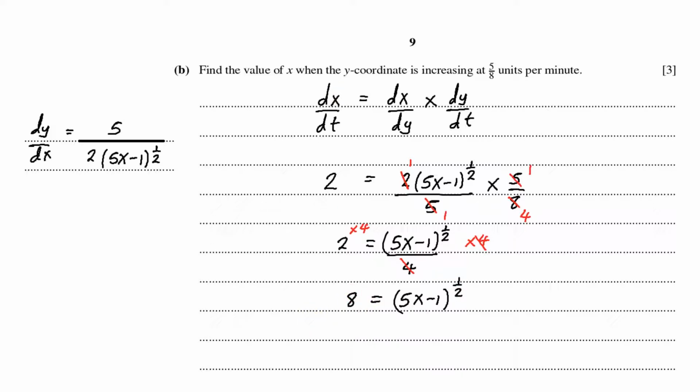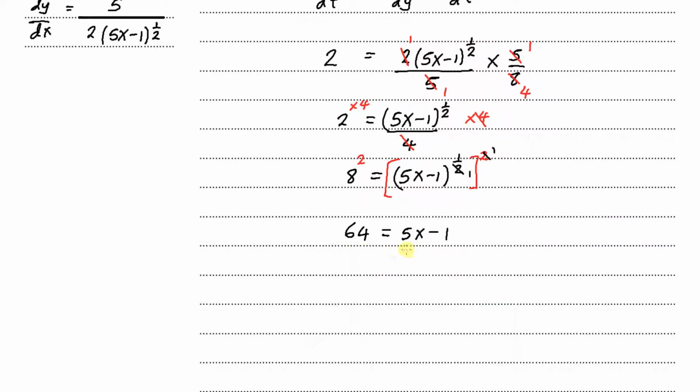And while I'm here, I'm going to square both sides. So squared here and squared here. So that's 64 is equal to 5x minus 1, because these 2's will cancel out. So 64 is equal to 5x minus 1. That's 5x is equal to 64 plus 1, which is 65.